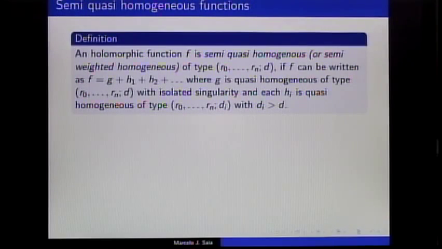Okay? The question now is a little bit different. It is about the constancy of Milnor numbers in families.